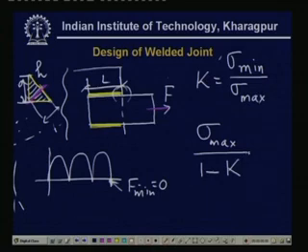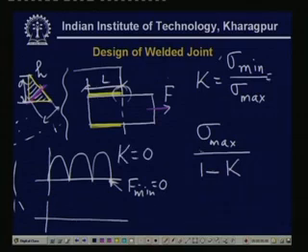If we consider the same cross-sectional area, then this is nothing but F min divided by F max. You remember here k will be equal to 0 in this case because F min is 0. For the repeated loading of this type, k is 0 and the allowable stress is sigma max itself.